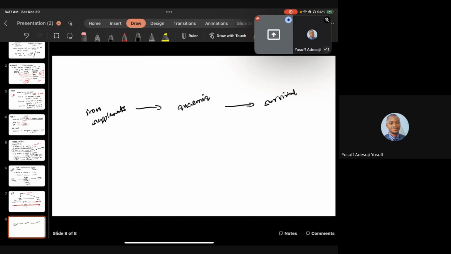Now, iron supplements affect anemia risk, which affects survival. Anemia is not a confounder of the relationship of iron supplements and survival.